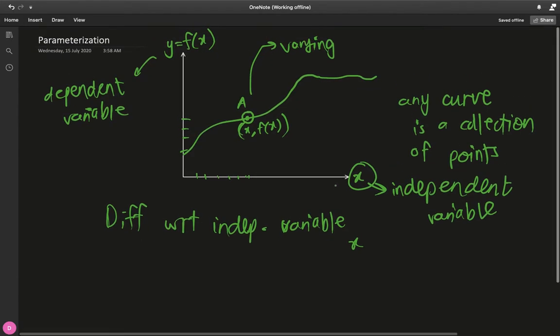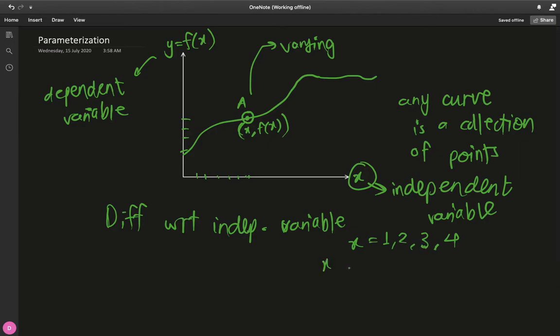And the typical characteristic of the independent variable is that it is regular, in the sense that it goes from say 1, 2, 3. I mean, there are values it can take between 1 and 2, like fractional values, infinite fractions between 1 and 2, but I'm not going to write them down. So the independent variable x moves, if you want to think about it that way, with a uniform rate.